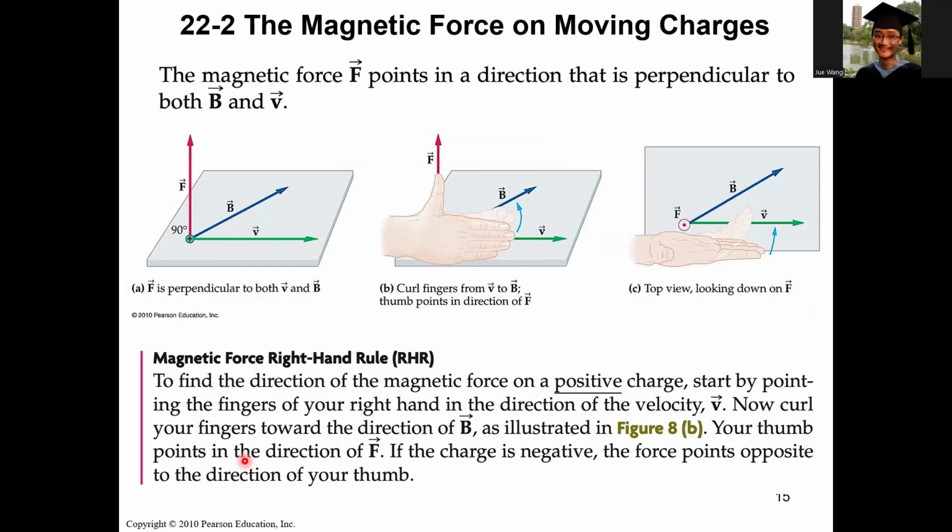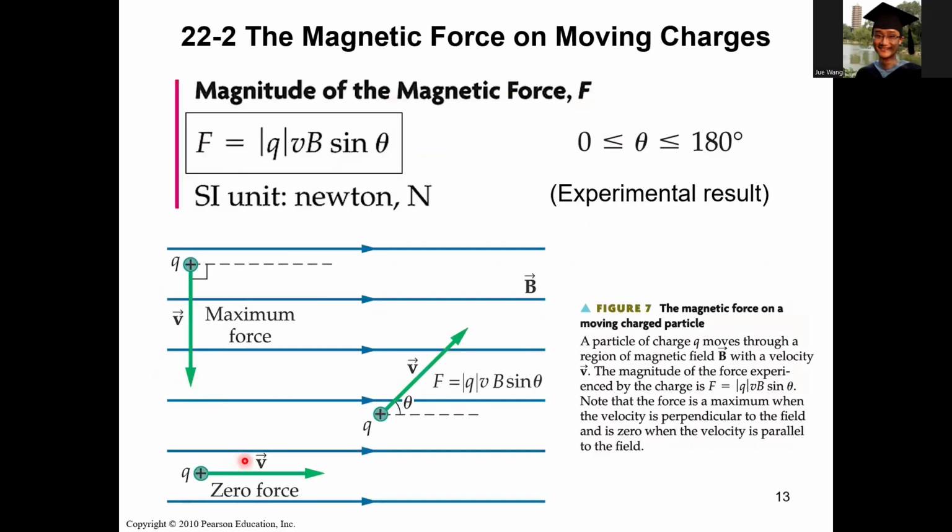This works for a positive charge. For a negative charge, there is a negative sign, so we flip the direction of the force. So the magnetic force on a moving charge is qv cross B.